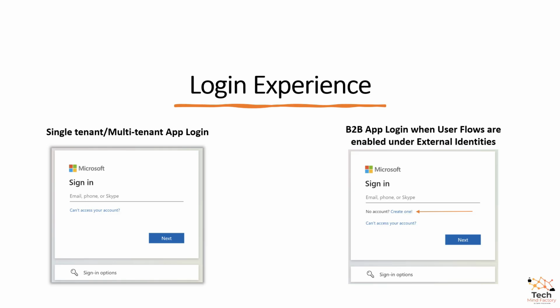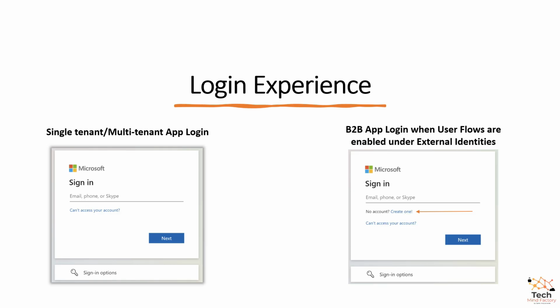On the right side, we have a B2B application login, when we use user flows under external identities. So when we enable user flows under external identities in our workforce Microsoft Entra ID tenant. Again, we talk about the corporate workforce Entra ID tenant here. So when we enable user flows, when the login page is displayed for our application, we see this no account, create one.